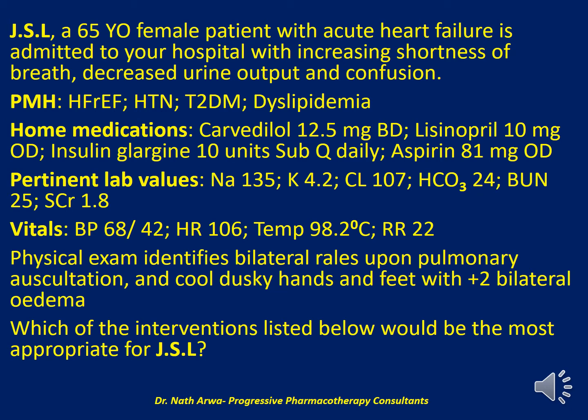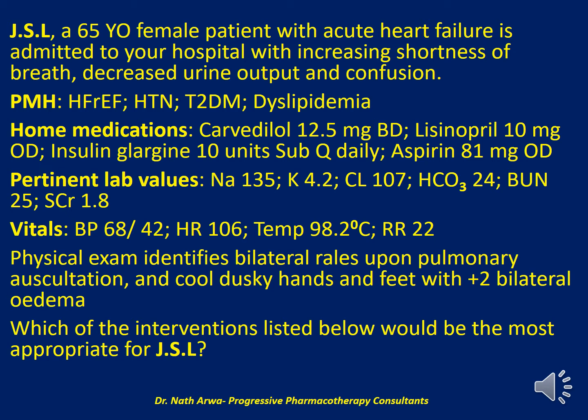JSL, a 65-year-old female with acute heart failure, is admitted to your hospital with increasing shortness of breath, decreased urine output, and confusion, altered mental status. Her past medical history includes HFrEF, heart failure with reduced ejection fraction, hypertension, type 2 diabetes mellitus, and dyslipidemia.